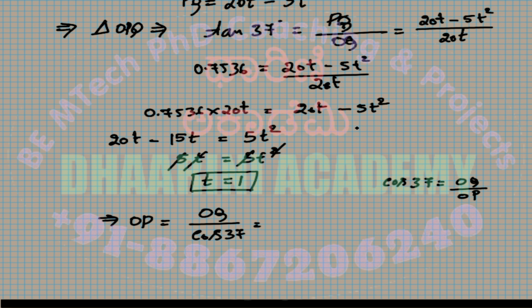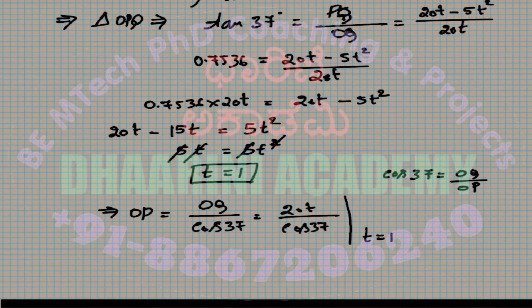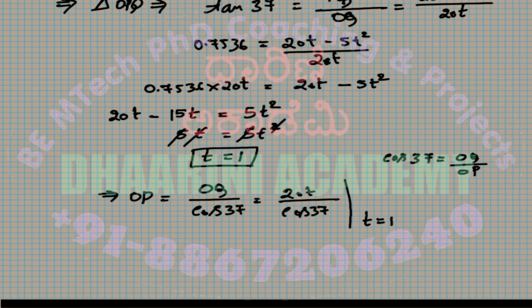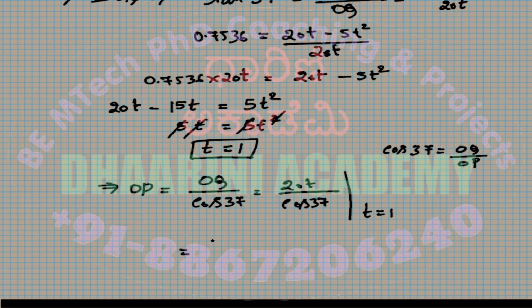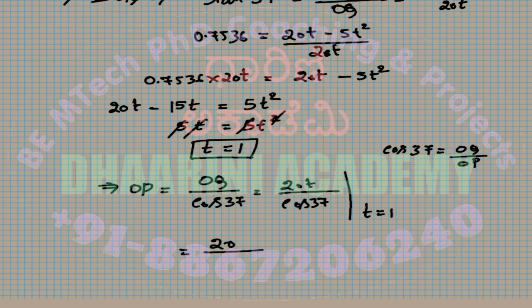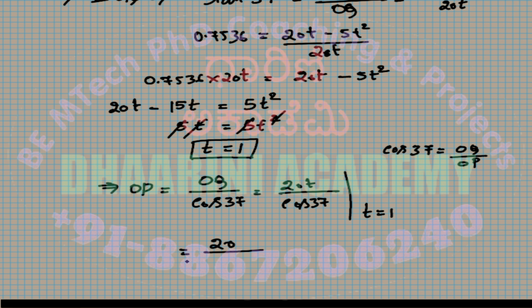But OQ is nothing but 20t. So this is 20t divided by cos 37. I need to calculate this at t equal to 1, because the time of flight is 1 second. So OP is 20 divided by cos 37, which is 0.7986.